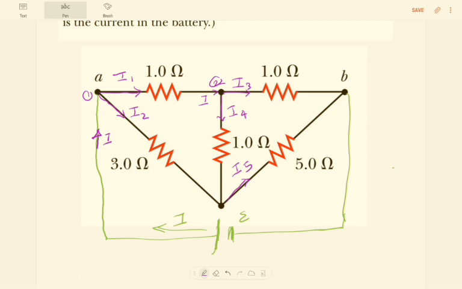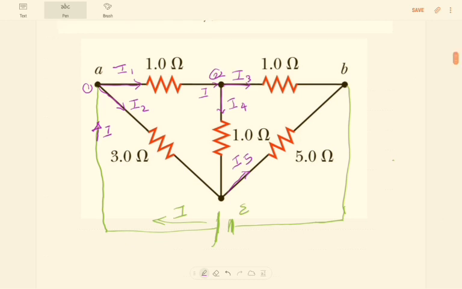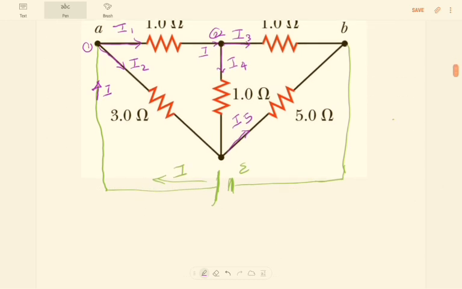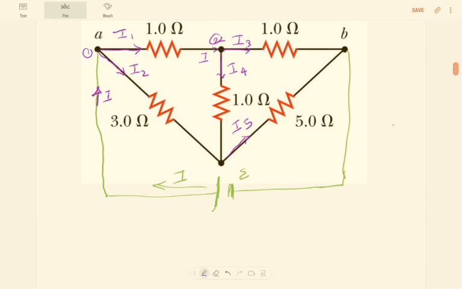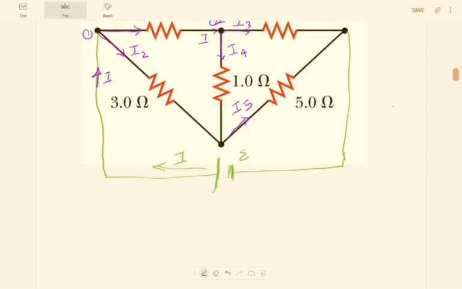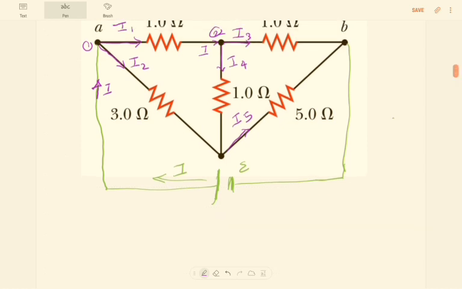So what we will do next is let's apply Kirchhoff's first law, or junction law, and then we will apply Kirchhoff's voltage rule. Now we have set our current. To apply Kirchhoff's voltage rule, the next thing we need to do is specify the loops.